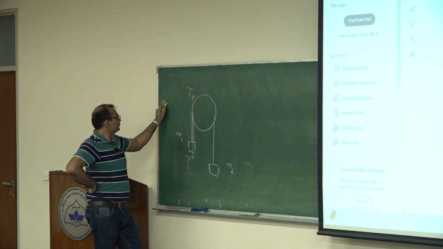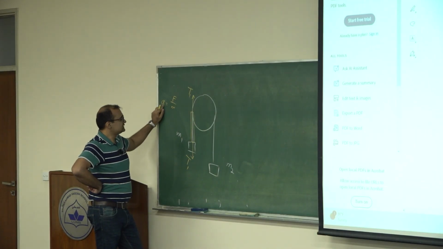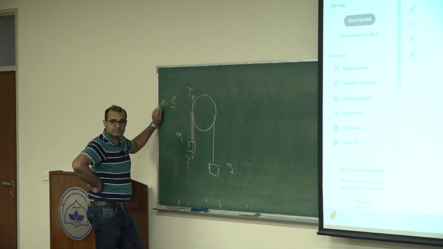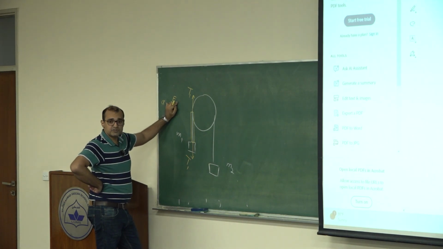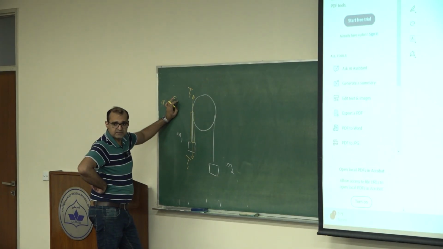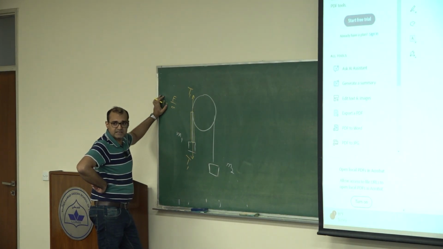If you have a equals F over M and the mass of your object is very, very small, and a is a finite number, the only way you can get a finite number is if F is also infinitesimal. The ratio of 2 infinitesimal numbers can give you something finite. That's exactly what happens in a derivative.